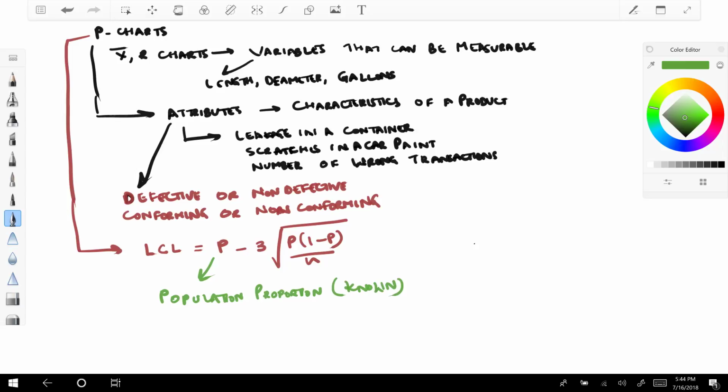The other way we can say for population proportion is the standard. They will specify the standards, like how much tolerance is allowed, or for example, the standard percent defective.